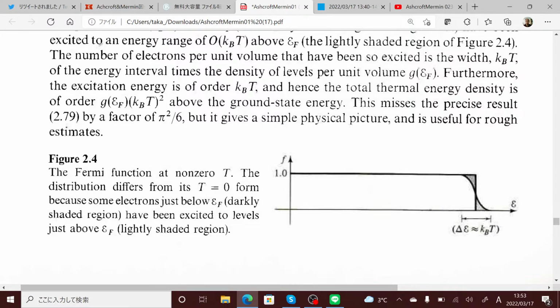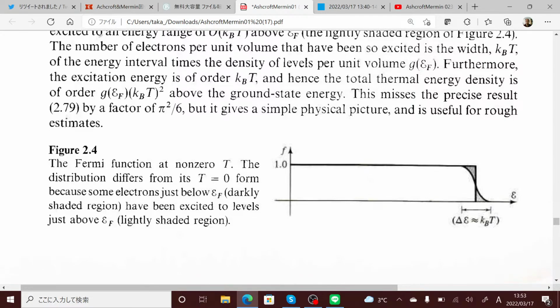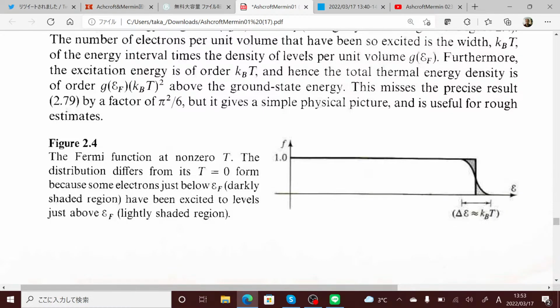Figure 2.4, the Fermi function at non-zero temperature. The distribution differs from its T equals 0 form because some electrons just below EF, the darkly shaded region, have been excited to levels just above EF.